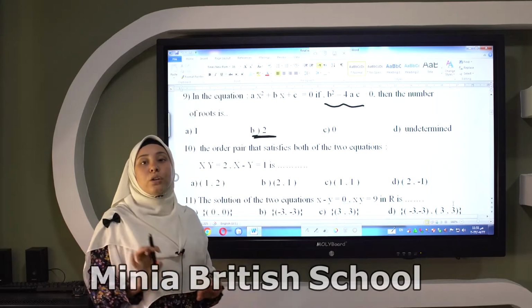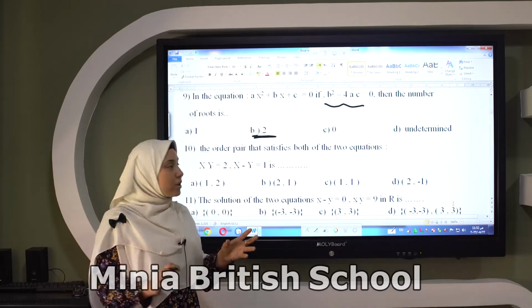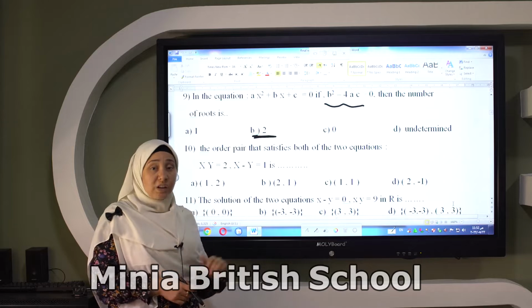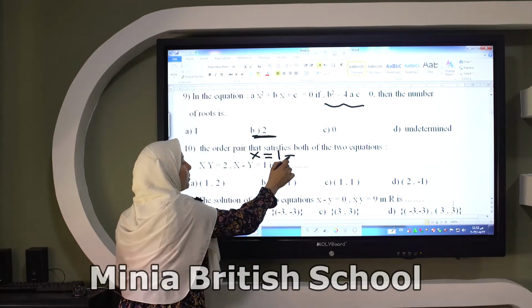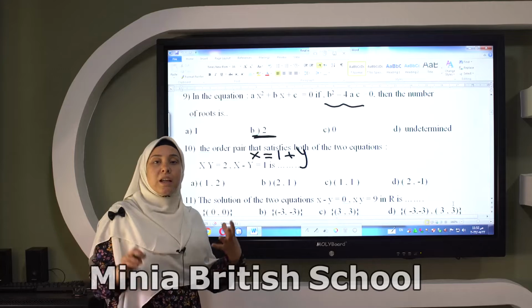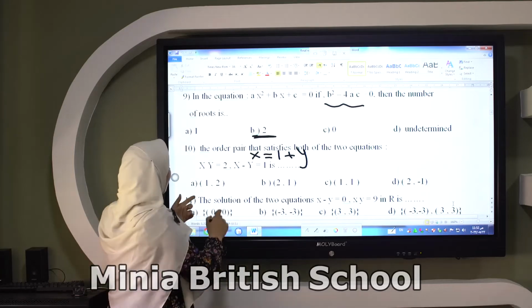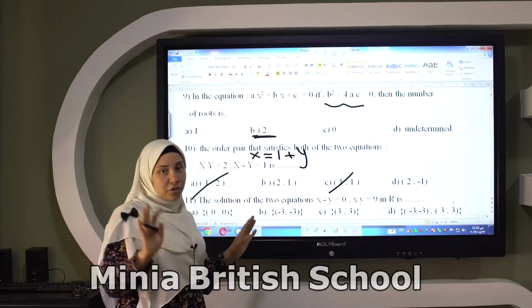Number 10, the ordered pair that satisfies both of the equations xy equal 2 and x minus y equal 1. From the second equation, x equal 1 plus y, it means x greater than y. So you can cancel two answers, (1, 2) and (1, 1), because x is greater than y.